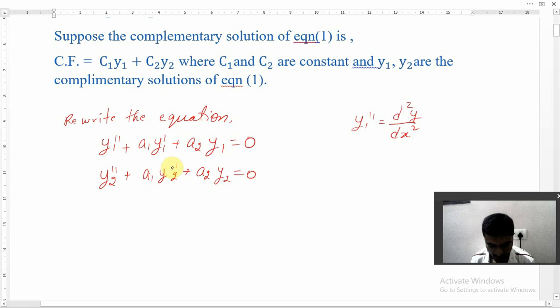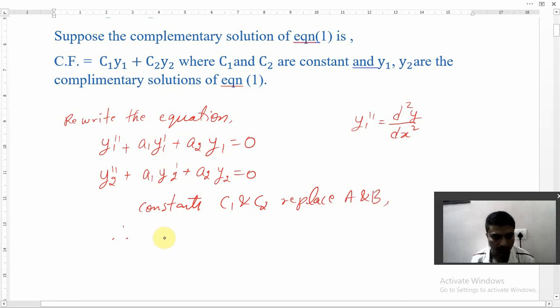Here we replace the arbitrary constants c1 and c2 present in the complementary function by functions of x, say a and b respectively. Whatever the complementary function we have, we take the constants c1 and c2 and replace them by the functions a and b.